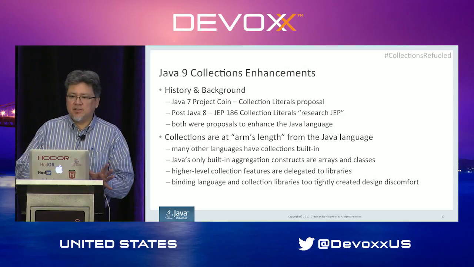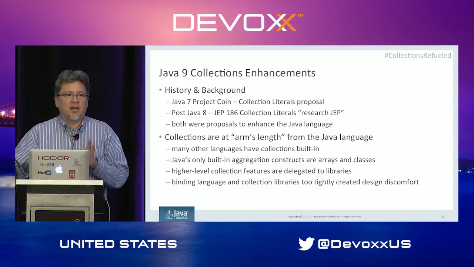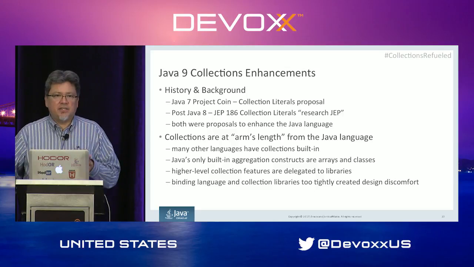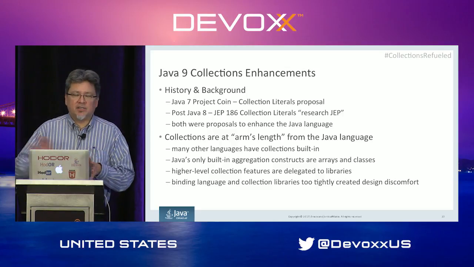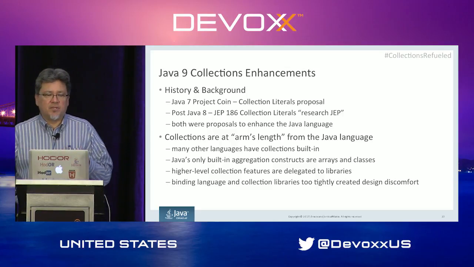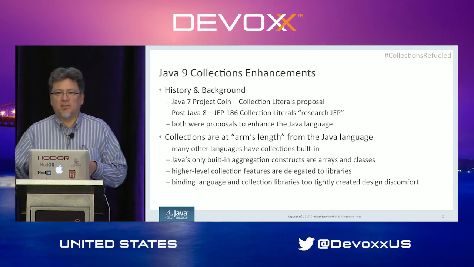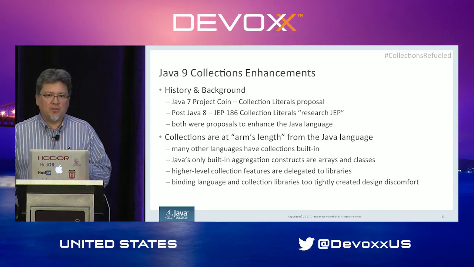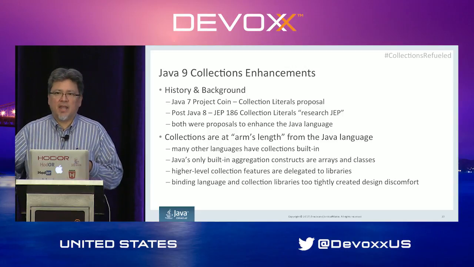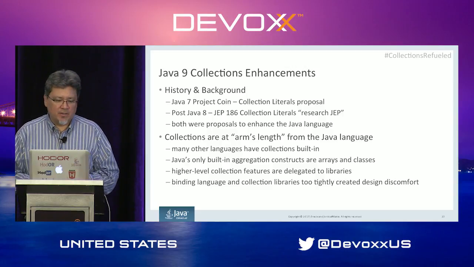But basically, since the language and the library are architecturally distinct, building something like collection literals across that turns out to be a great amount of effort if we want to preserve the flexibility of keeping the collections framework at arm's length from the programming language.